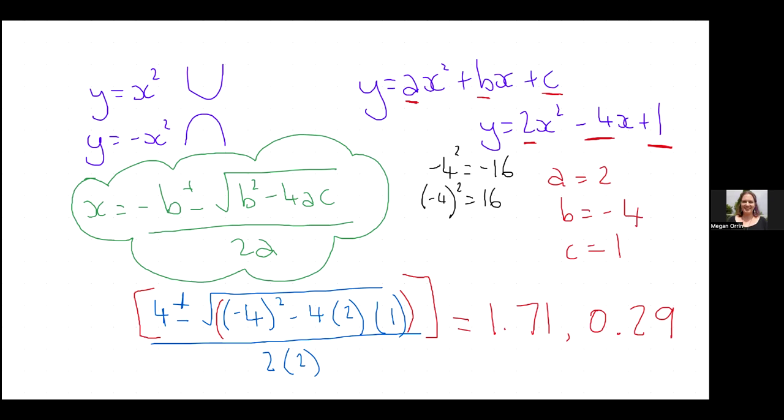So it's really important that you know how to use your calculator. This is not what you want to tell your calculator. Otherwise, it's doing -(4 squared), which is -16, not (-4) squared, which is +16. That's what we need. So if you got a syntax error, you must be doing that. It's the only reason you would get a syntax error, because you're trying to square root a negative number.